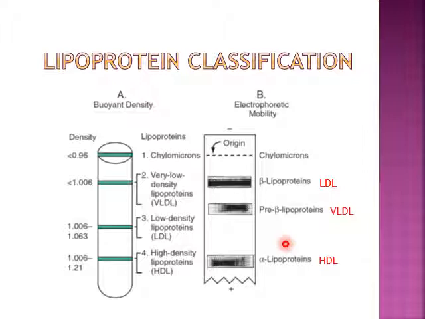Currently in the labs, if you want to separate the lipoproteins, you do electrophoresis because it is easier and less time consuming, but ultracentrifugation is very difficult. It needs some expertise, and at the same time, it is a very time consuming procedure.